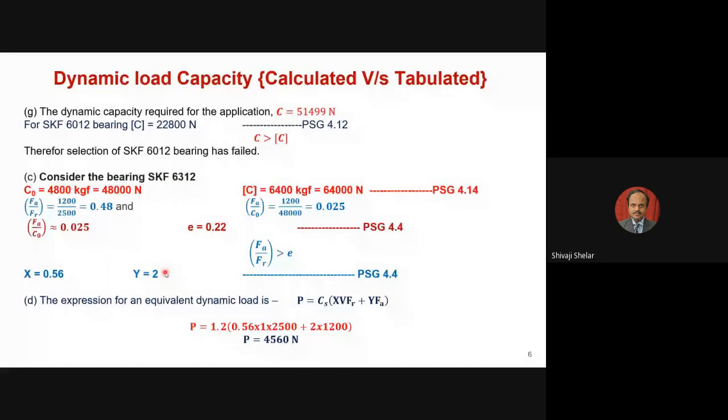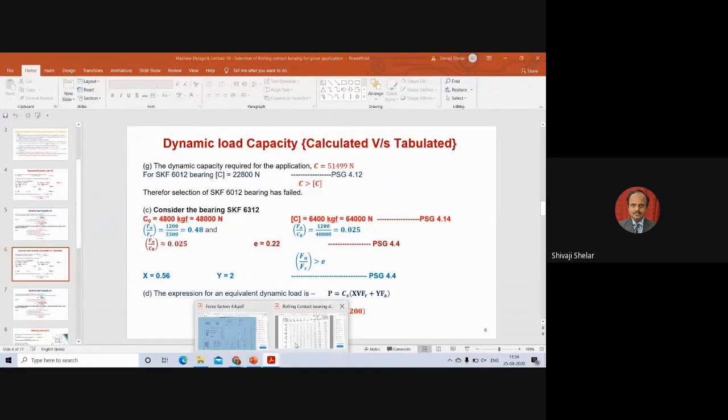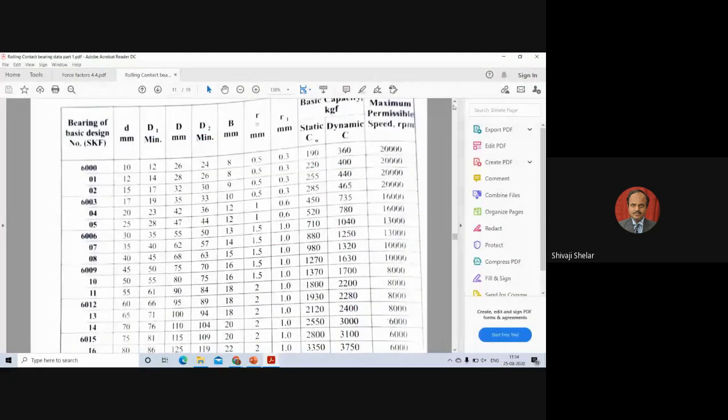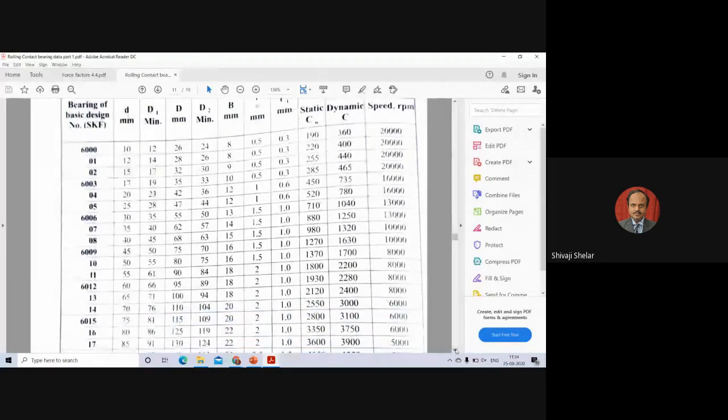Let's go to the deep groove ball bearing data again. This was the data for your 60 series. With our 60 mm diameter, this value is less than 50,000. So let's go to the higher value.